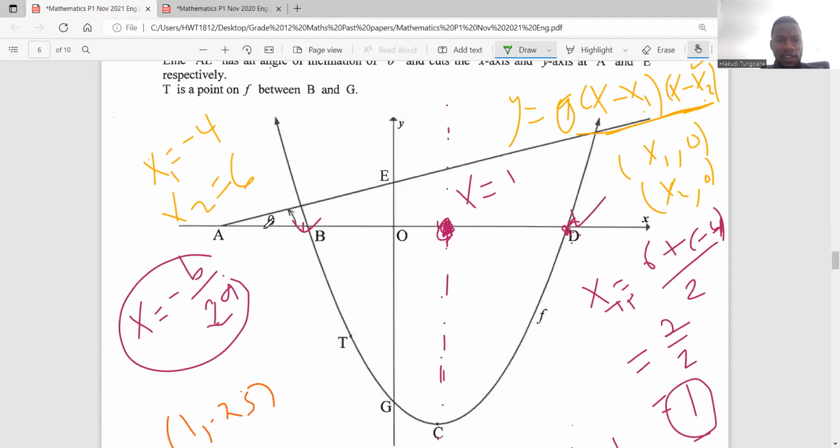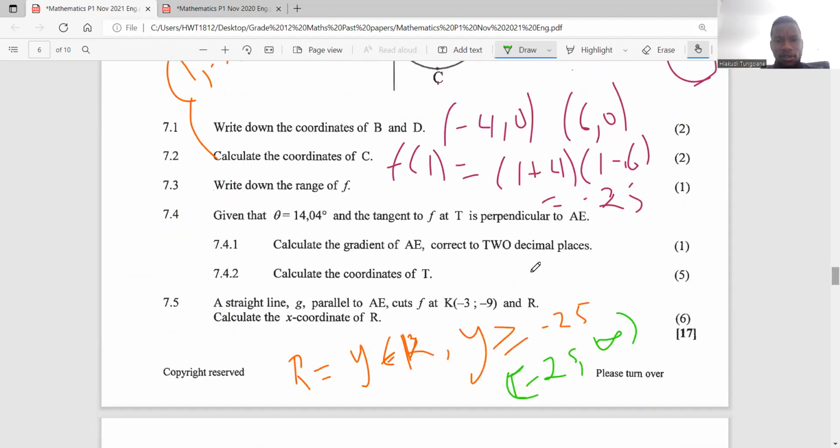Firstly, we're given this angle theta. Remember, this angle theta forms from the x-axis to the line AE, right? And you're also given that there's a line that is tangent to the graph of f, right? And that line of tangent touches the graph at point T, because they say the tangent to f at T is perpendicular to AE.